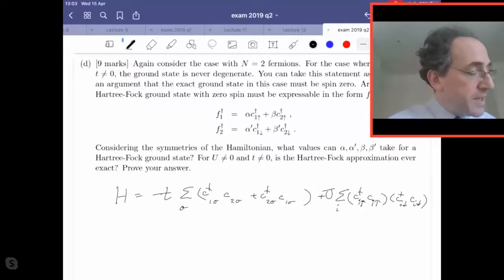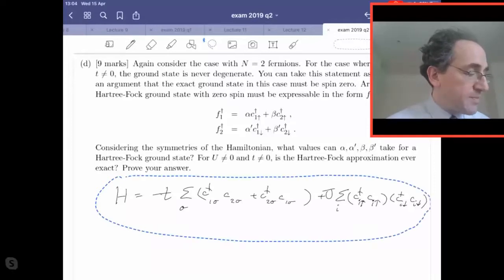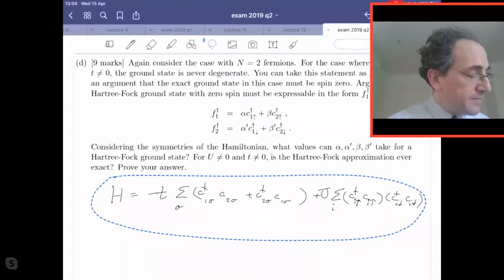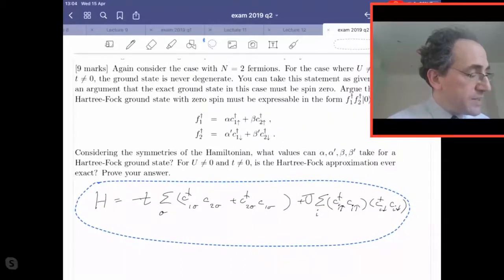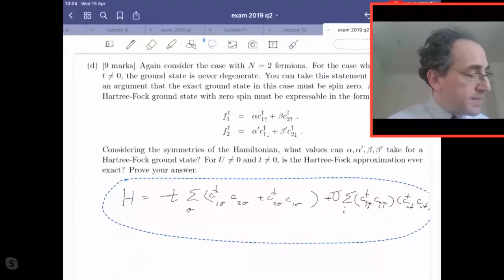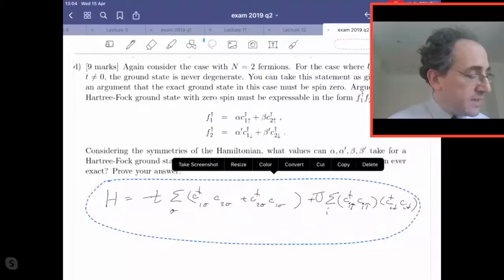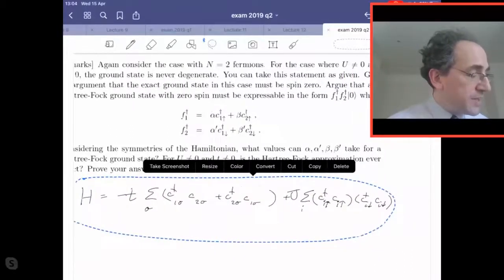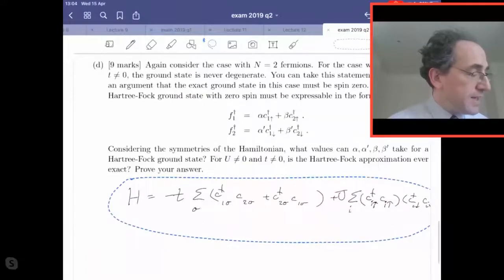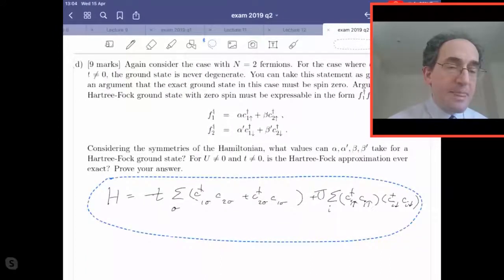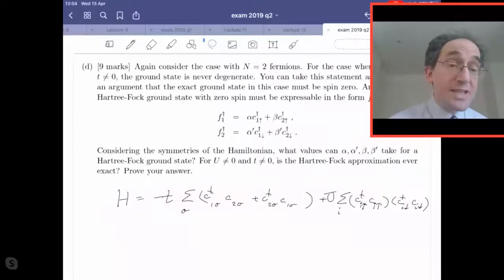So maybe, this isn't asked in the problem, but in fact life was a lot easier if you realize that we know a lot about this Hamiltonian just because it is translationally invariant. What do I mean by it being translationally invariant?